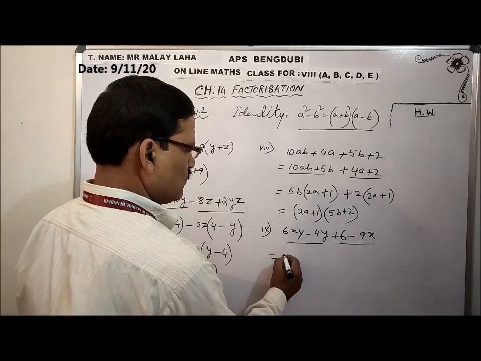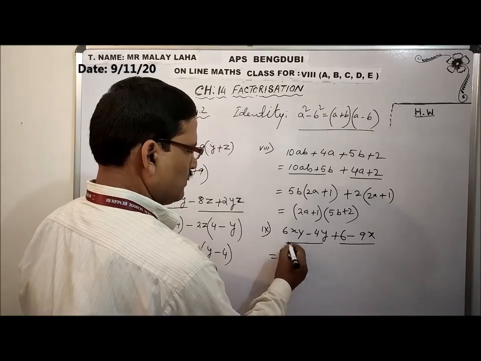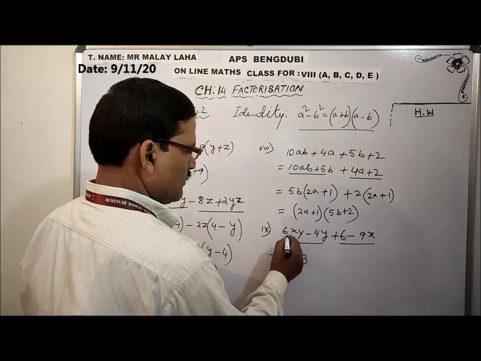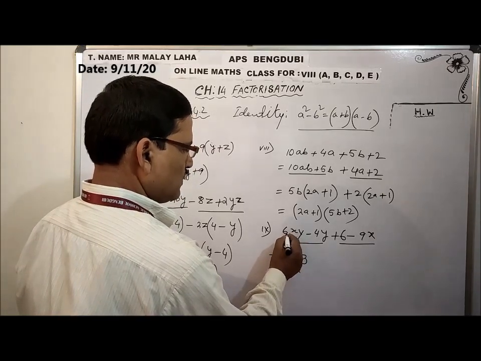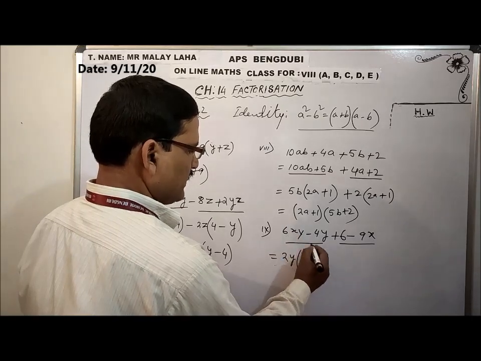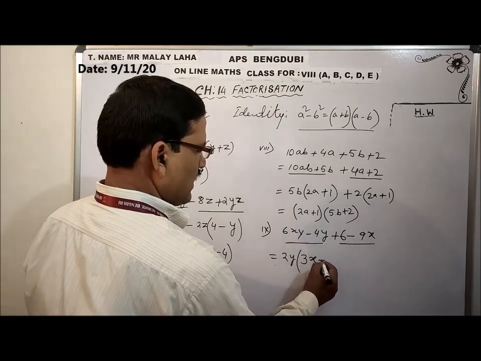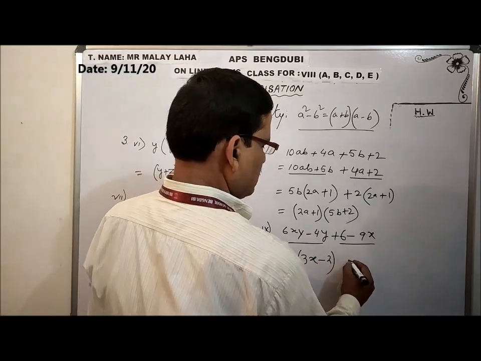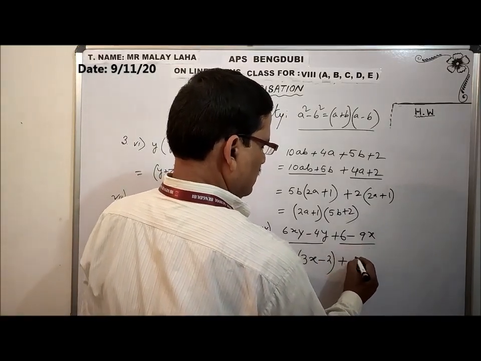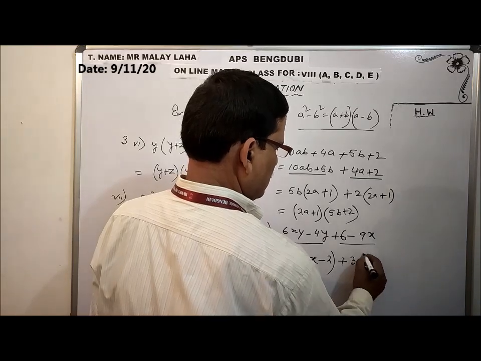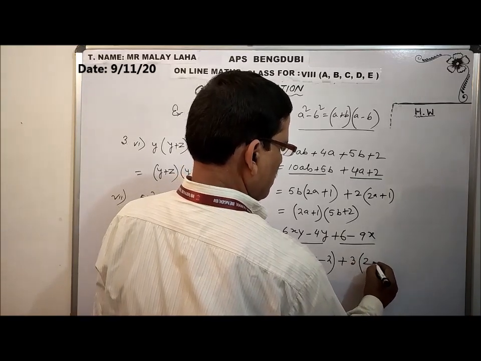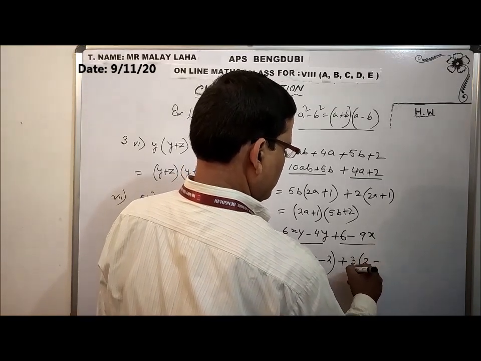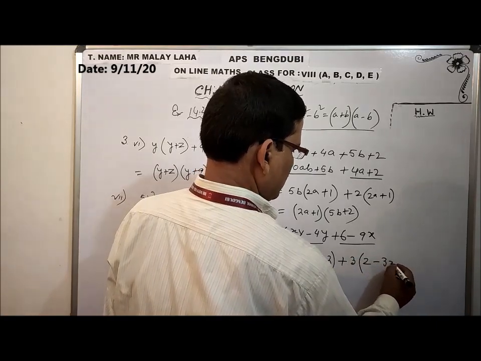If I take 2y common, what is left out? If I divide by 2y, 6xy gives 3x, and the second term gives 2. And what is the factor here? 3. If I divide by 3, what is left out? 2 minus 3x.